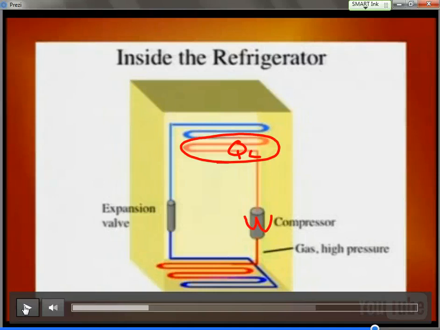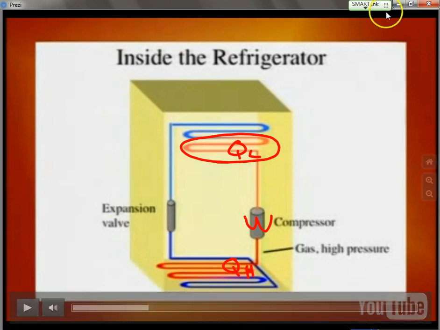Work is done by the compressor to create a high pressure gas. So therefore that high pressure gas, that QH, will then want to leak out into the surrounding atmosphere, which is why if you think of a refrigerator, how there's always all this heat coming out from the bottom of the refrigerator. That's literally because you have these expansion coils which are giving off that QH. So let's watch the rest of this video.